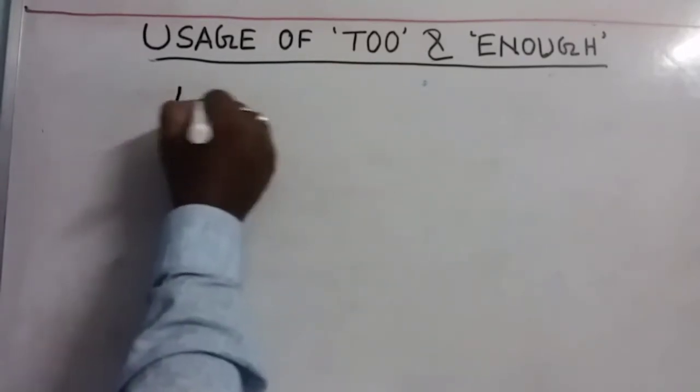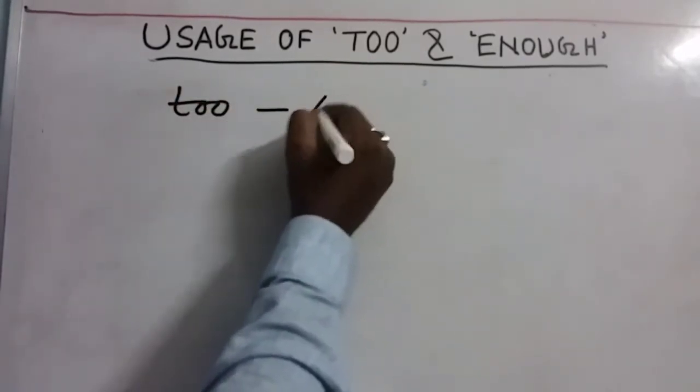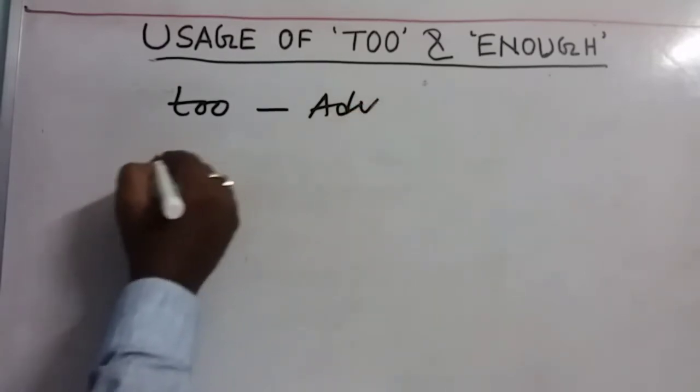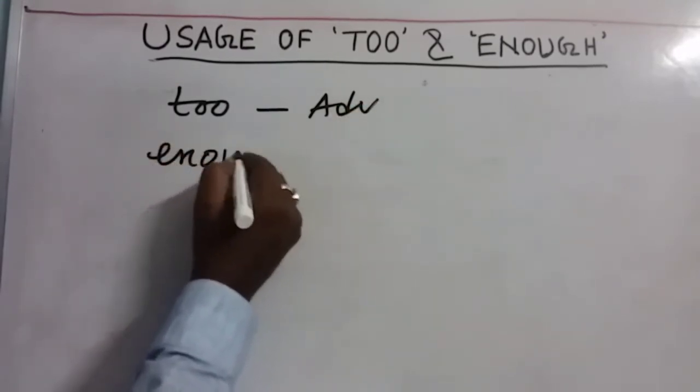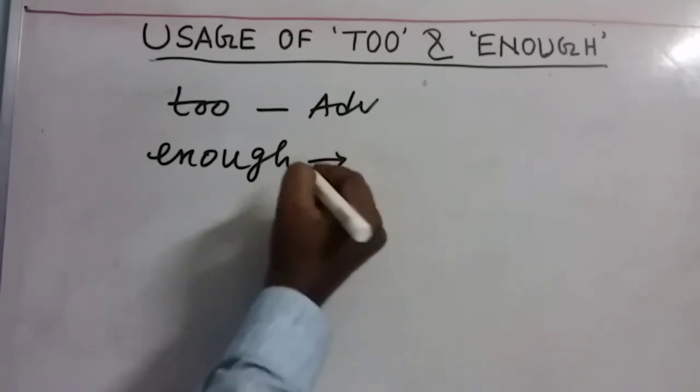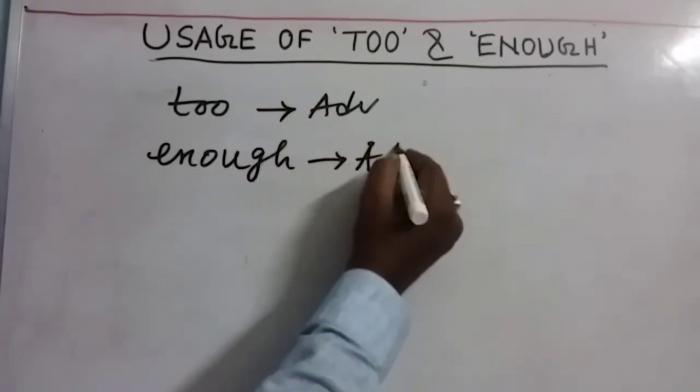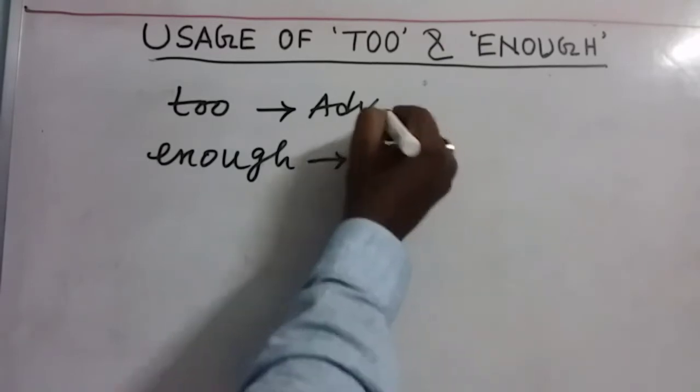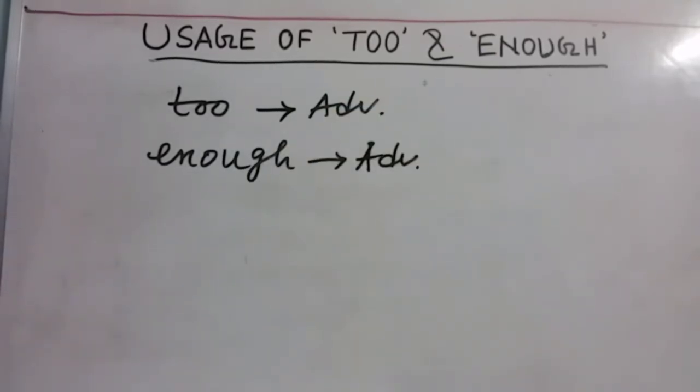Too is purely an adverb. Enough is mainly an adverb, but sometimes it is used as an adjective and also as a noun. I'll give you examples.